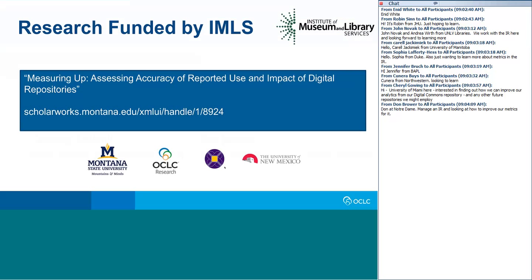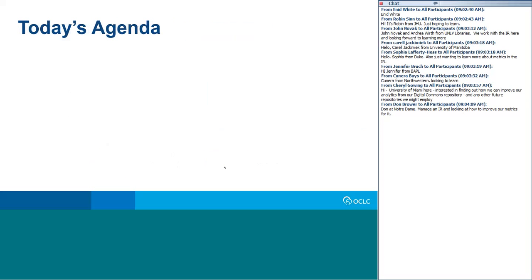The title of our grant is Measuring Up, Assessing Accuracy of Reported Use and Impact of Digital Repositories. The original grant proposal can be viewed in Montana State University's institutional repository at that handle that you see on your screen. And RAMP is just one of the products that's come out of this research.